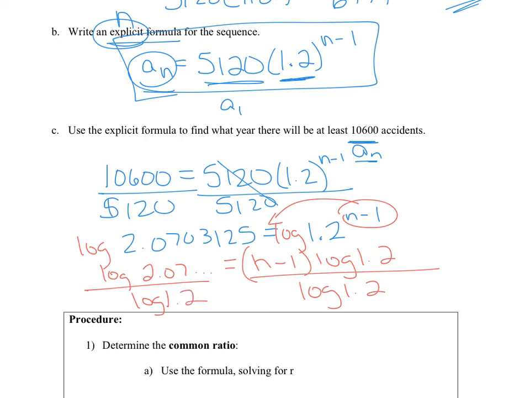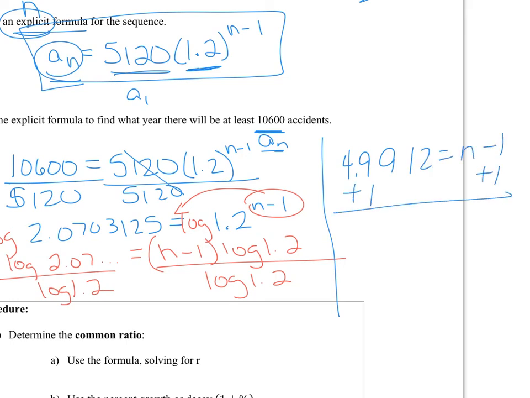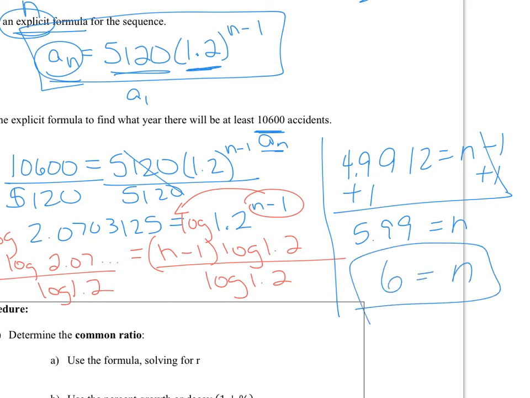And then you get approximately 4.99. I'm going to go over here. Sorry. 4.9912 equals n minus 1. I add 1, and I get approximately 5.99, which is approximately 6. So n is 6.